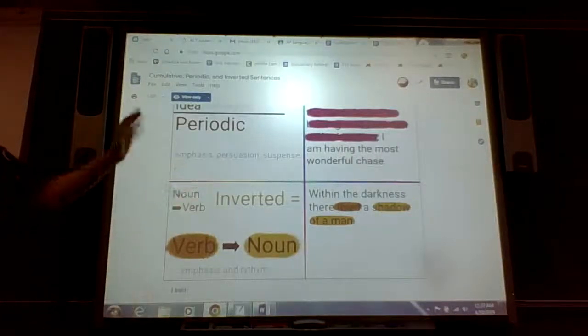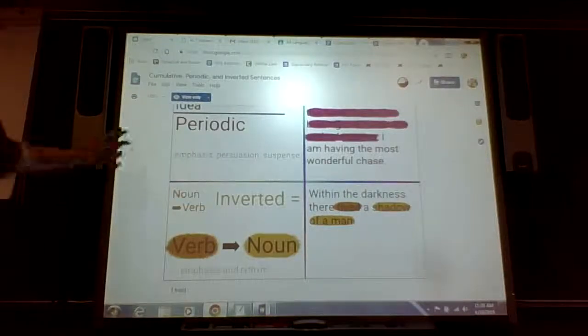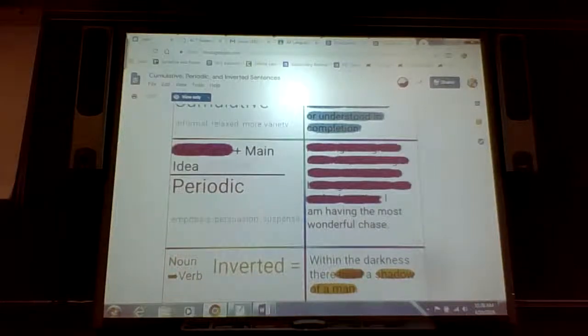This is first class versus economization. Now, Chandra, these sentences seem pretty long. Can this still be concise diction? My eyes are terrible, so I cannot read them. Running through the darkness, harsh frozen air, burning with adrenaline and exhaustion, I'm having the most wonderful chase. I would say so, yes.